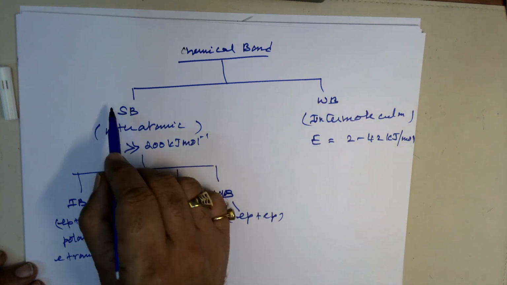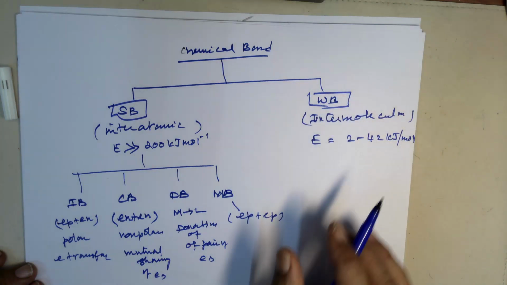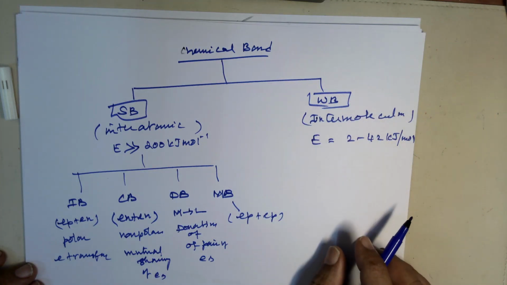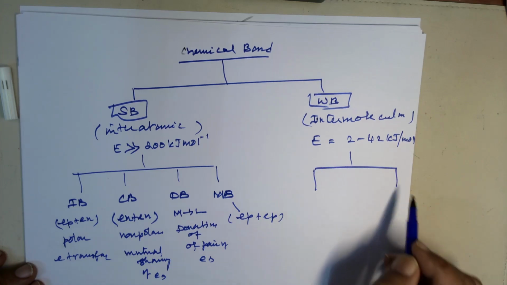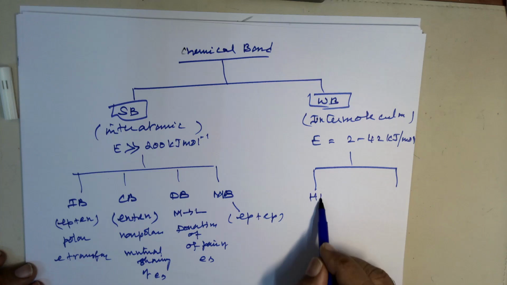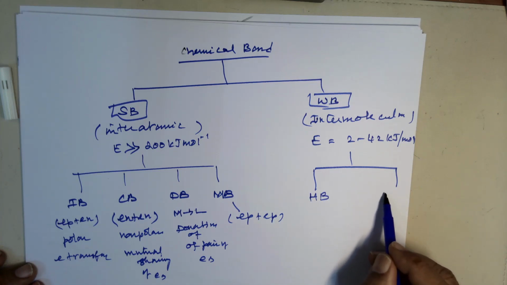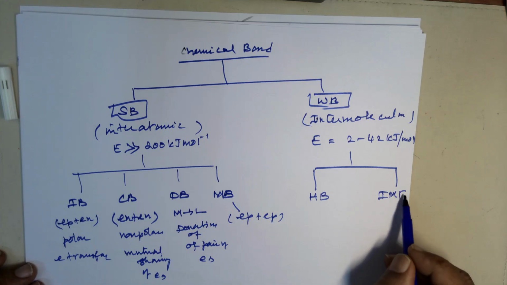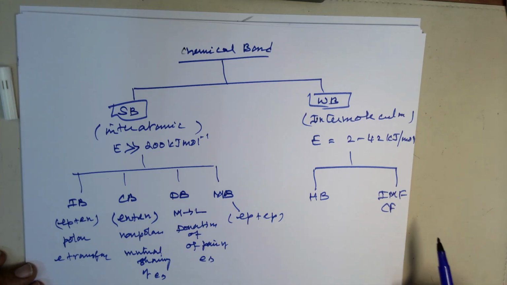And when you consider the weak bond, it is intermolecular. Its energy is less, and it can be further classified into hydrogen bond and van der Waals force, that is intermolecular force of attraction, or you can call it cohesive force.